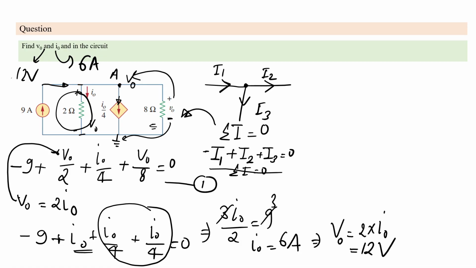This is a question where you have to find the value of V naught and I naught in the circuit. I'm giving you a few minutes to solve this question.